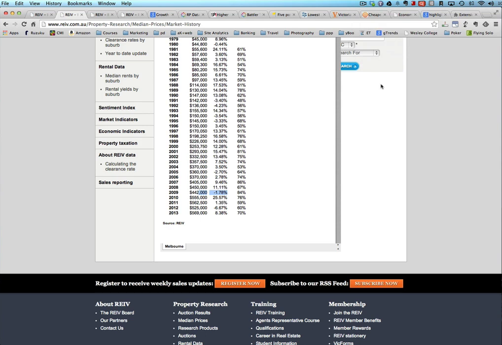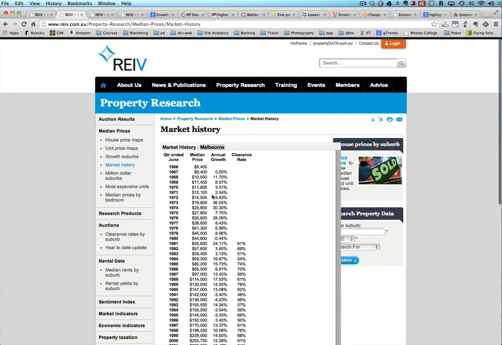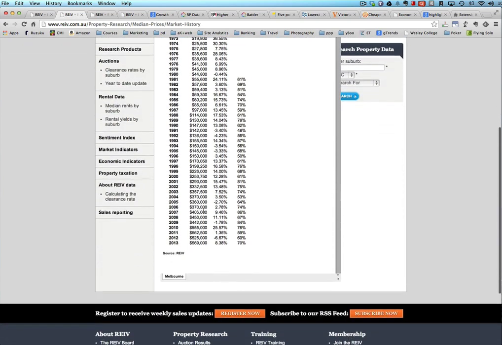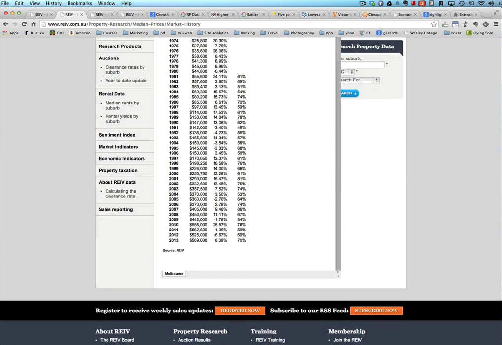So this tells me that there was growth at the time, and it doesn't tell me a lot. The reason is Melbourne's quite big, and looking at Melbourne as a whole is actually quite stupid, especially when you're looking for a deal in a particular suburb.